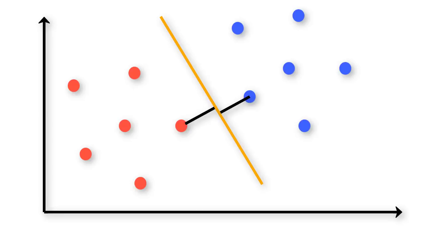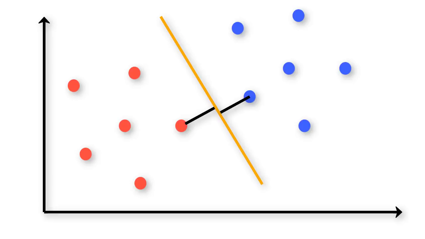In other words, support vector machine finds a line that separates these two classes in such a way that the distance between the classes and the line is maximized. Also, it finds a line such that these two lines that represent the distances meet the line that separates the two classes at a right angle.